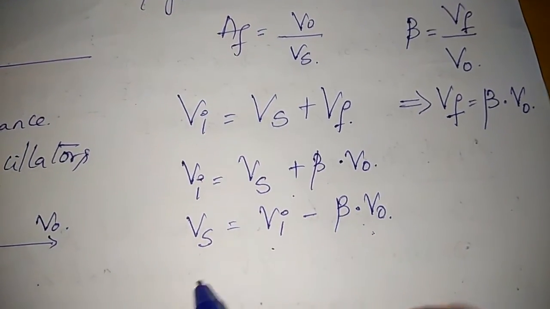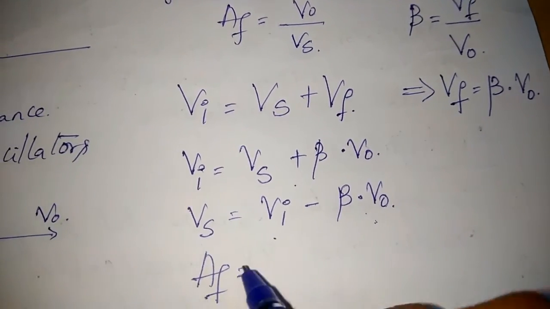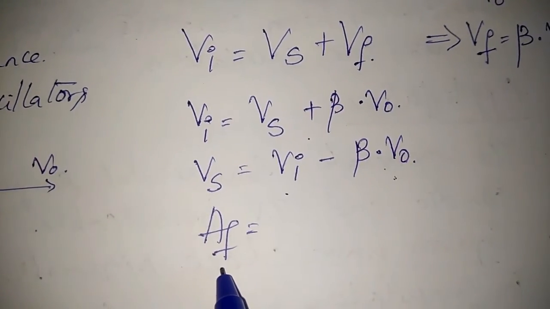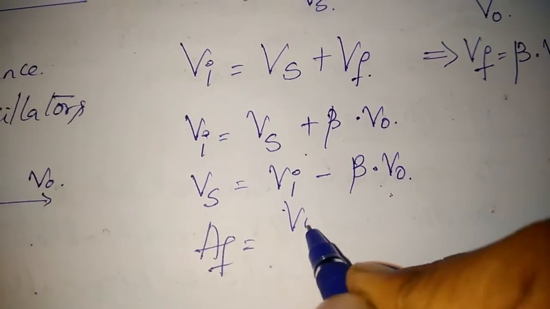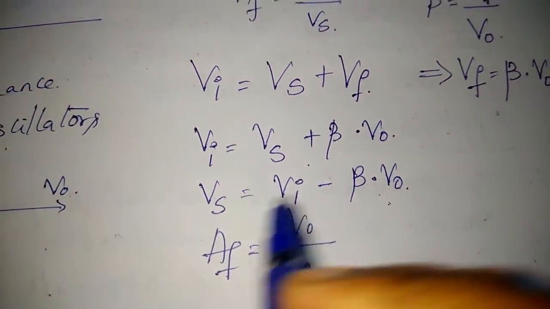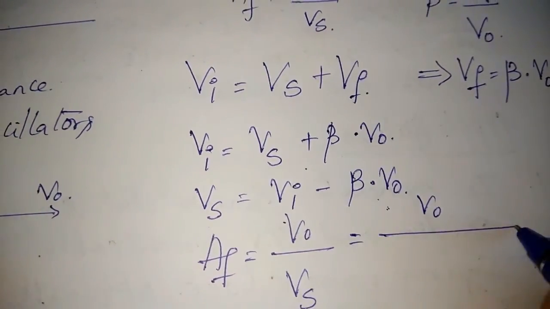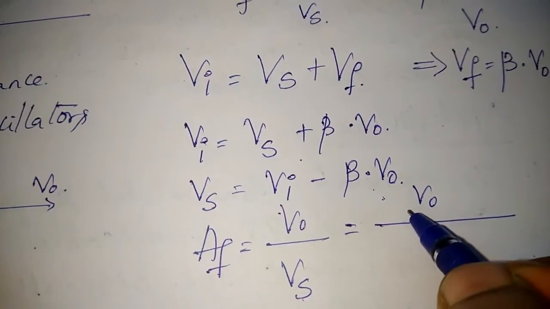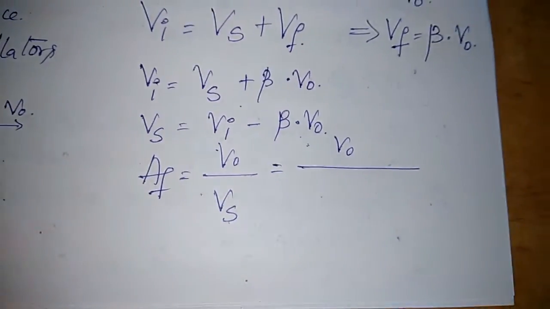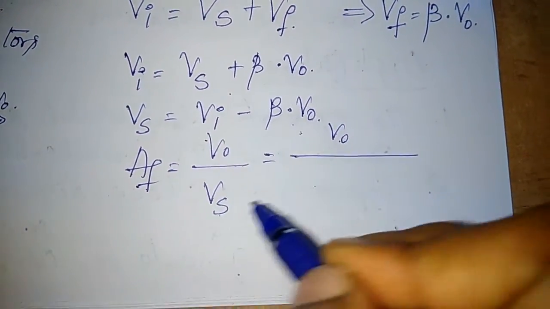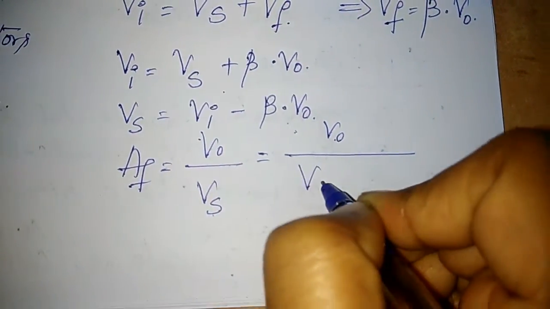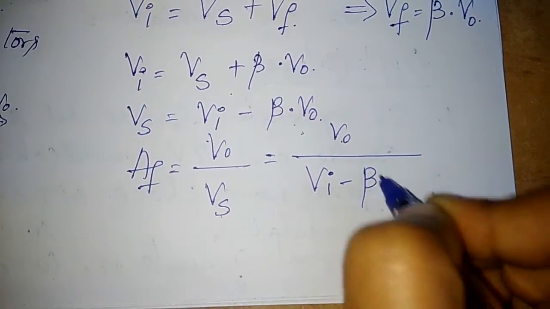What I'll do is AF, the gain with the feedback, which will be equal to V naught divided by Vs. I have the Vs equation here, so substitute that. V naught divided by Vs, which is Vi minus beta V naught.